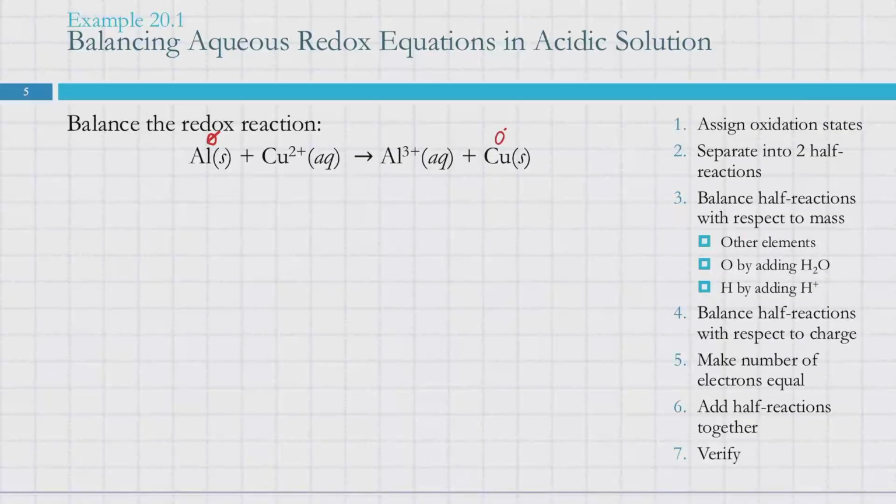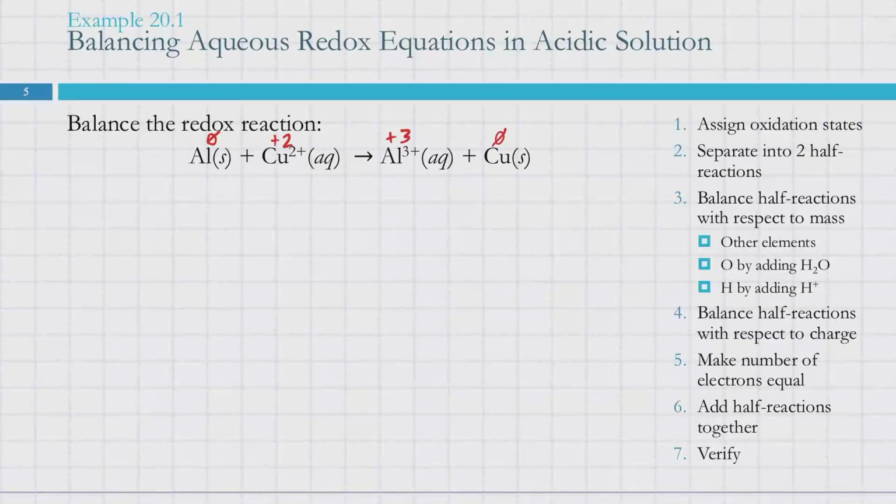So our aluminum and our copper get oxidation state numbers of 0. For things that are ions, like copper and aluminum, they get the same oxidation number as their charge. So +2, +3. So that's our step 1.